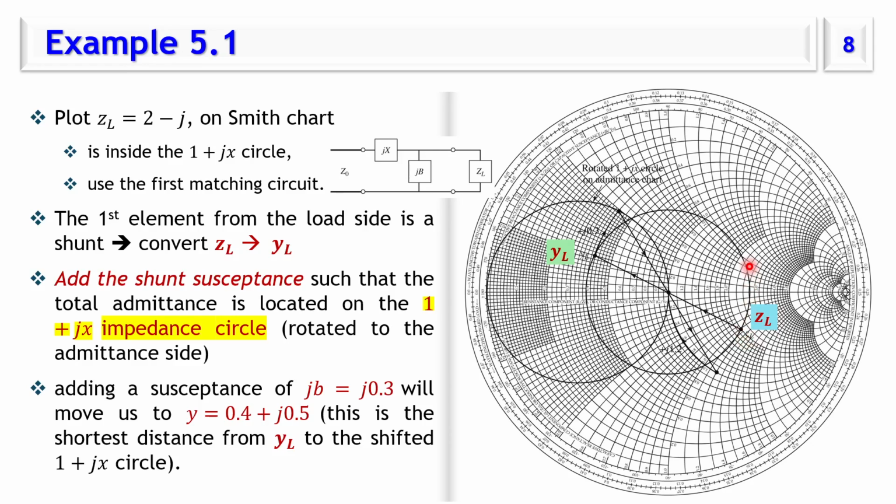Once we draw zL, we can draw this circle with the center at the center of the Smith chart, and this is the constant reflection coefficient circle, which is the locus or the location for any point along the transmission line.